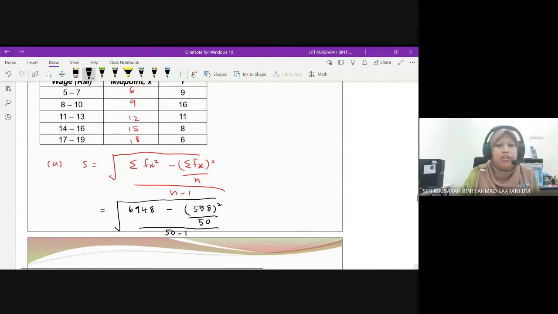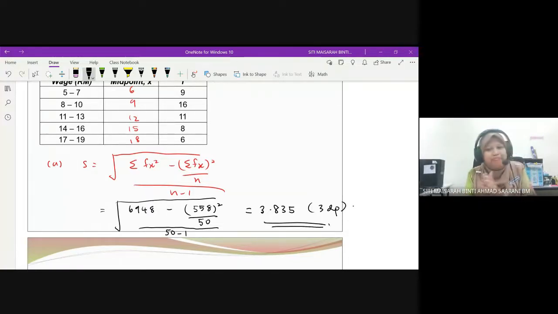So S is 3.835. Correct to 3 decimal places, right? 3.835. So this is 3 decimal places. Alright. Correct?